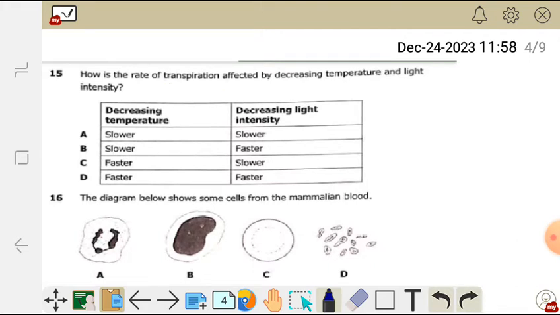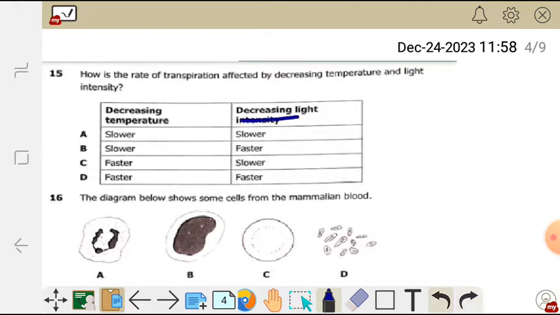When the leaves of plants lose water vapor through the stomata, that is what we call transpiration. So when the temperature is decreased, we expect the rate at which water vapor is lost to be reduced, because when you increase temperature, water vapor will be formed at a very high rate and transpiration will increase.